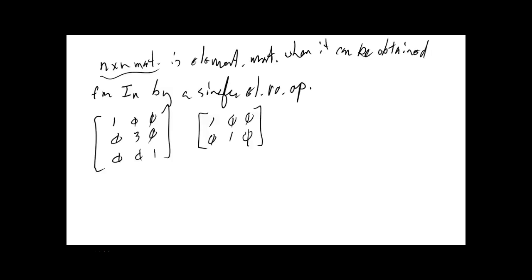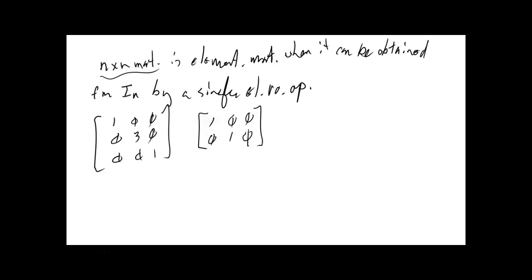So, we did this one. This is example 1A. Is that an elementary matrix? Yes. And what single row operation did you do on I? What elementary row operation?